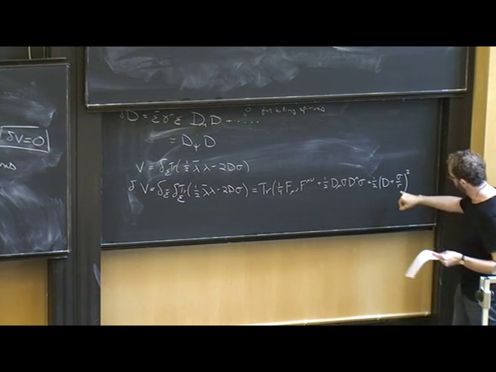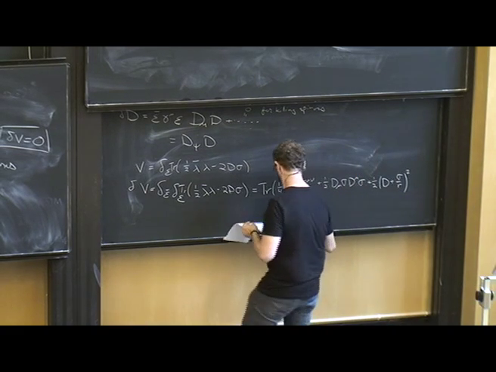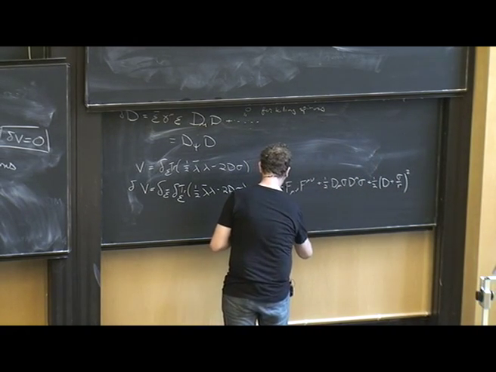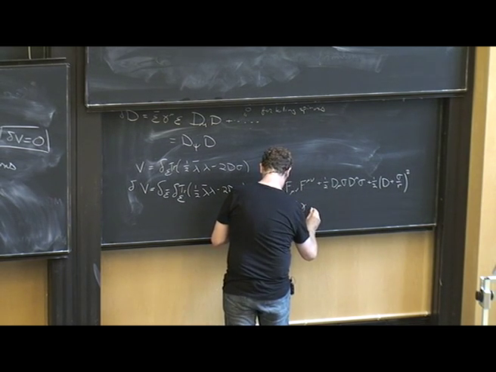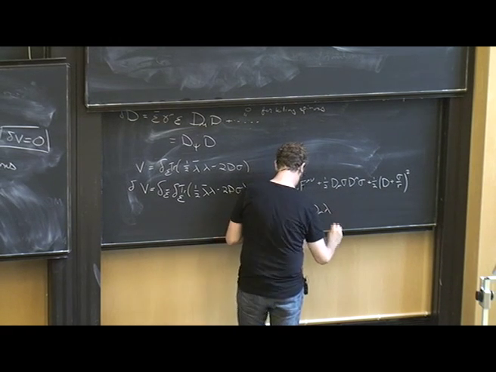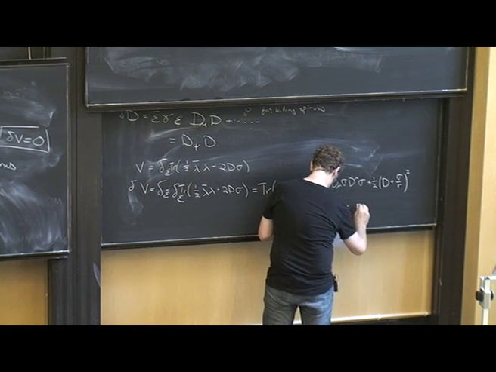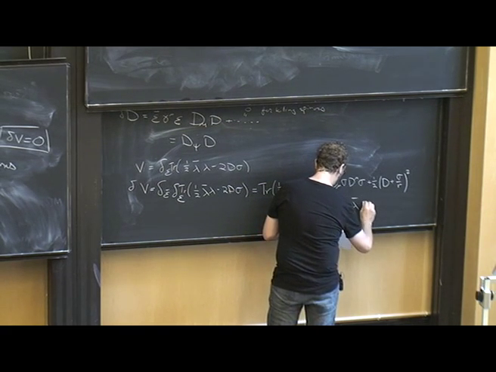This r is a constant, it's not a coordinate. R is the radius. Plus i over 2 lambda bar gamma mu lambda bar.